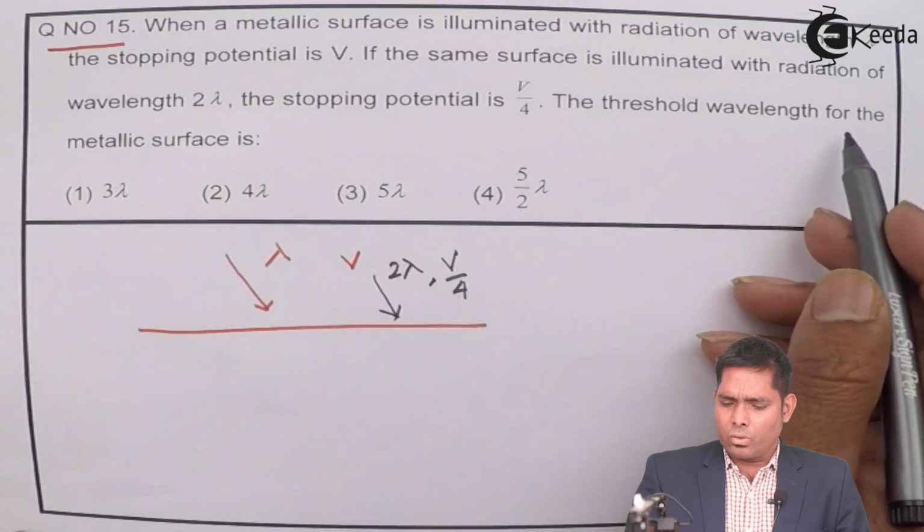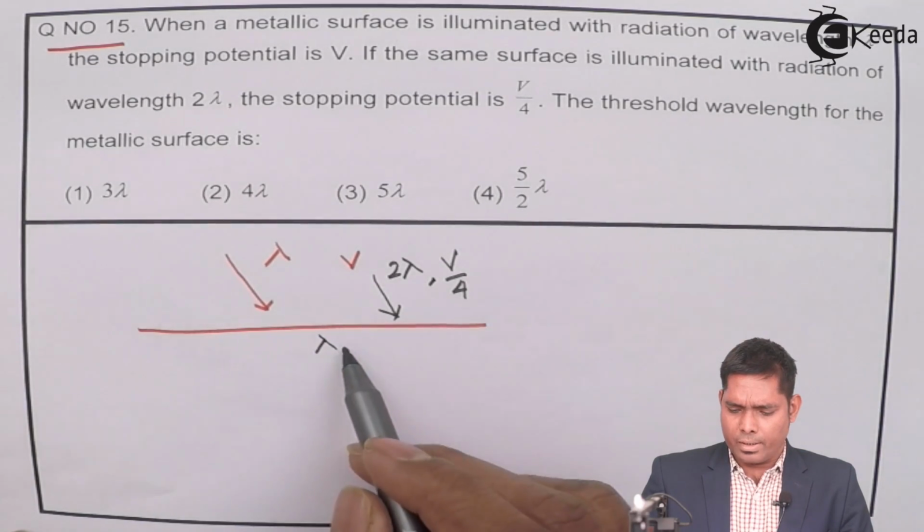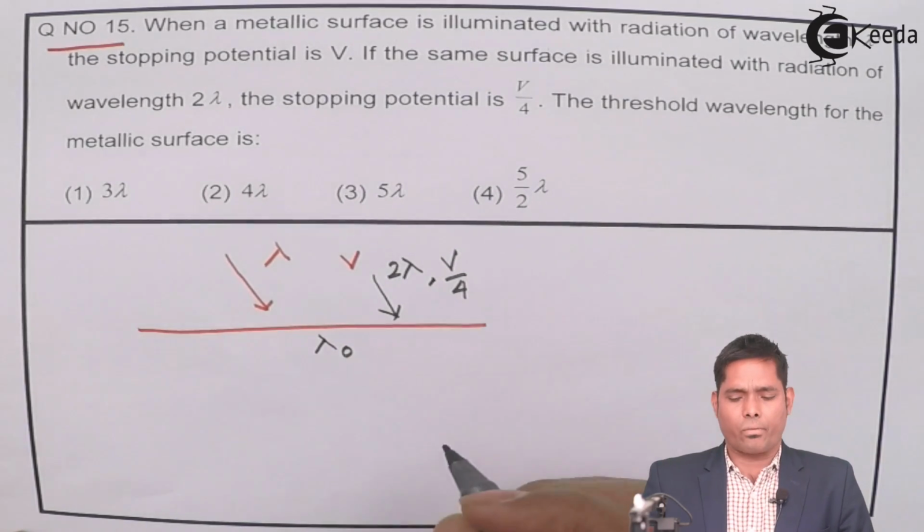You have to find the threshold wavelength, lambda naught, for this metallic surface.